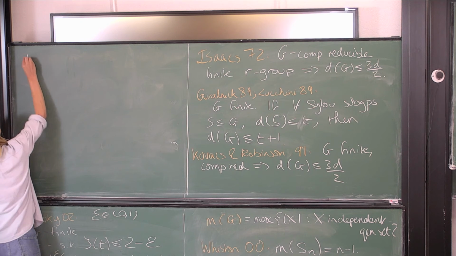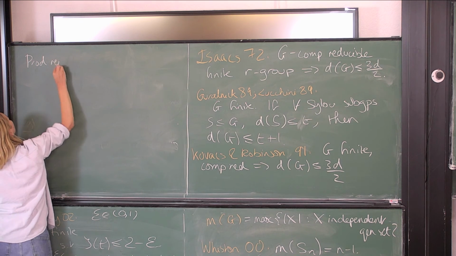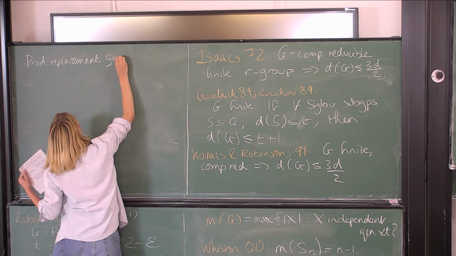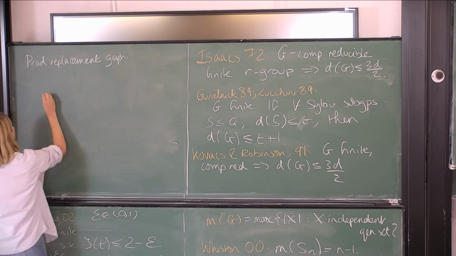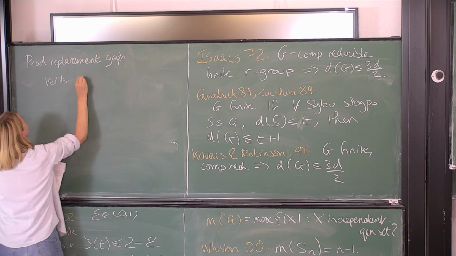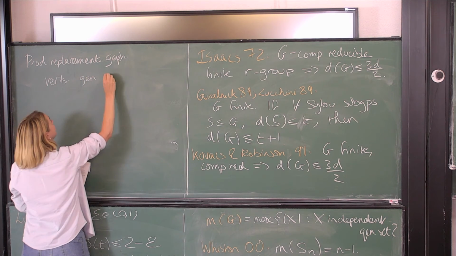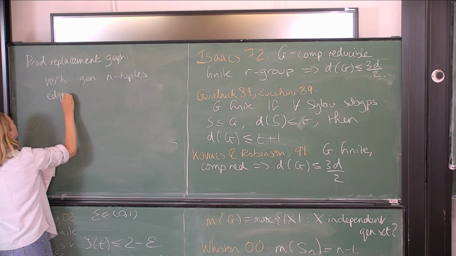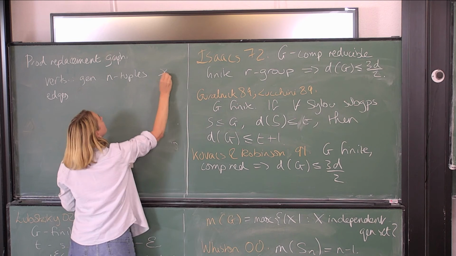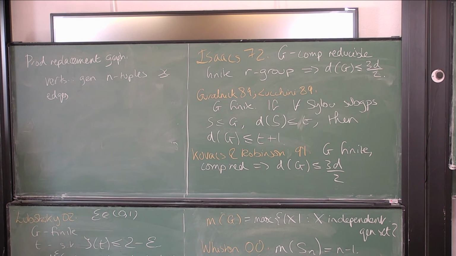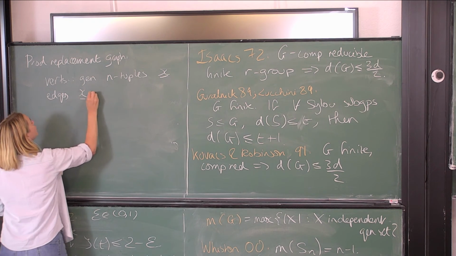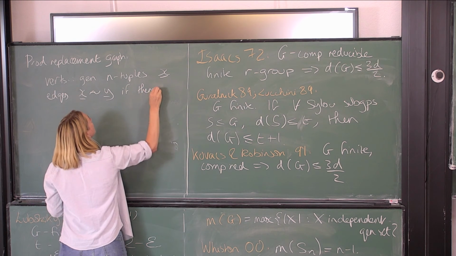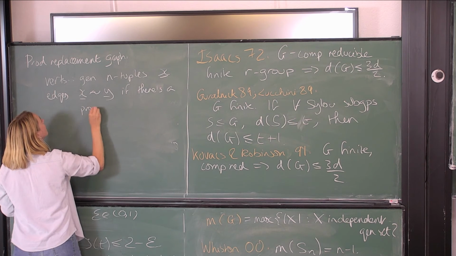Pak defined the product replacement graph. I think Pak defined it. Apologies if somebody else did and I just know it from him. In the obvious way, so you've got vertices to be generating n tuples, because it's an n tuple of elements, and for edges, you go from x to y if there's a product replacement move from x to y.